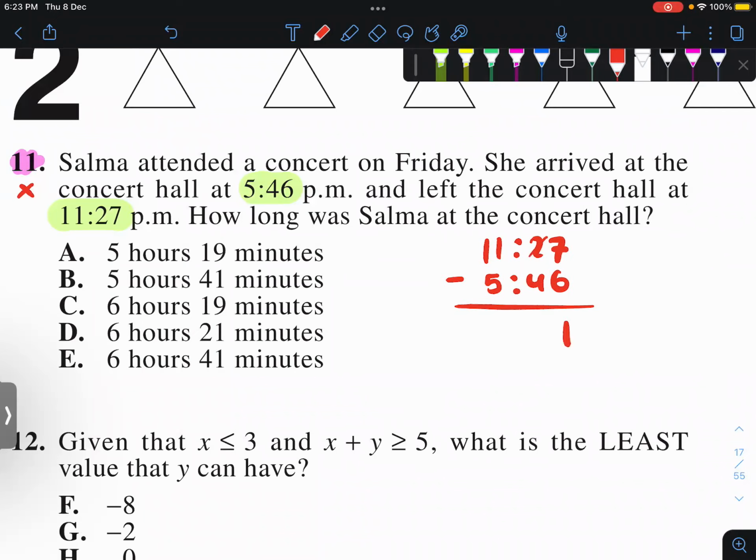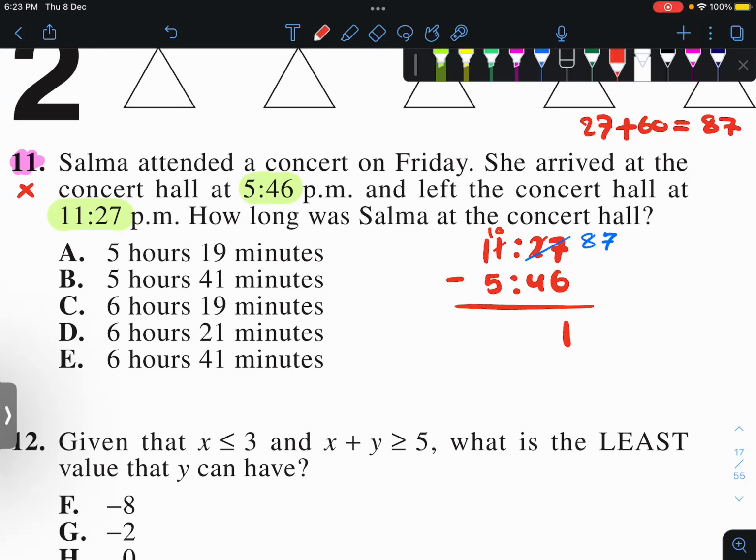When we borrow, we will borrow here 1 hour, which is 60. This will be 10, but the 60 will be here over the 27. Okay, so the 27 plus 60 is equal to 87. So we will cancel out 27 and write 87 and do the subtraction again.